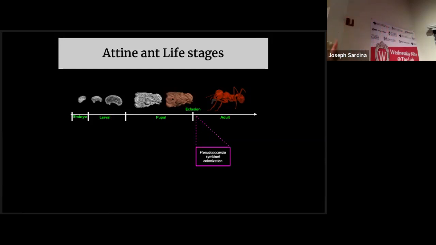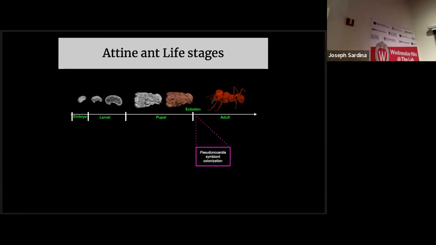If the ants detect some chemical from the Pseudocardia and they know it's on the exoskeleton, they'll continue to release the nutrients that they release for the Pseudocardia. And if they don't detect the Pseudocardia in their symbiotic structure from some chemical that they're releasing, then perhaps they shut off the nutrients in the symbiotic structure, which would make sense because you don't just want free-flowing nutrients on your exoskeleton that perhaps pathogens could sort of take advantage of.